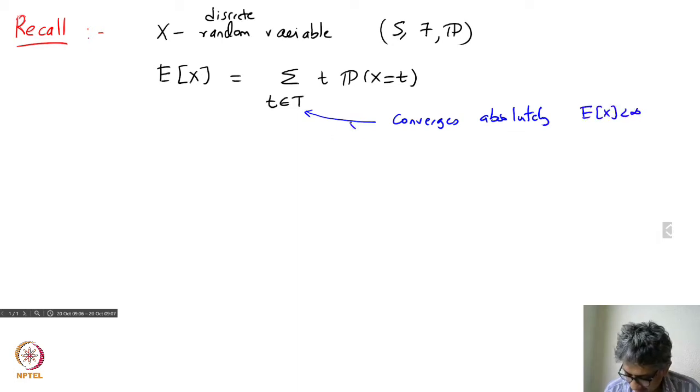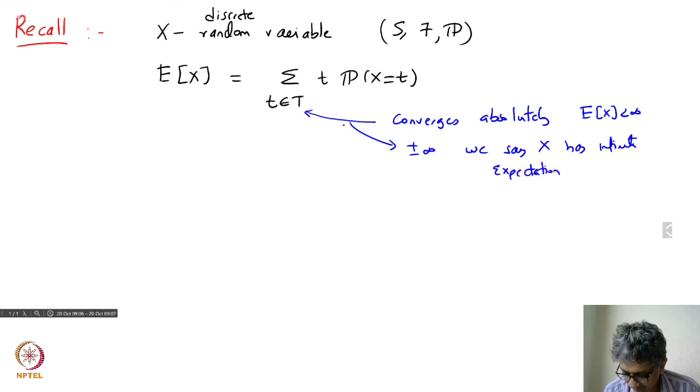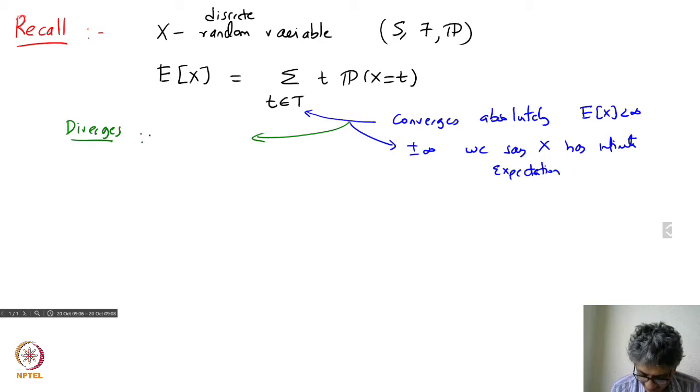If it diverges to plus or minus infinity, we say X has infinite expectation. And if it doesn't do either, if it just diverges somewhere else as a series, then we say that E of X is not defined.